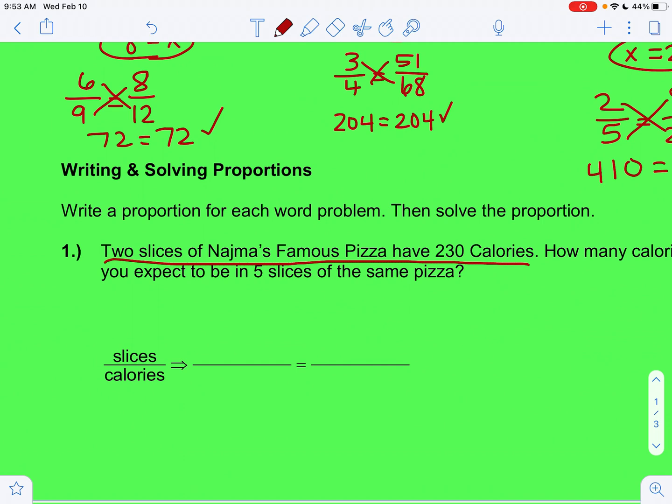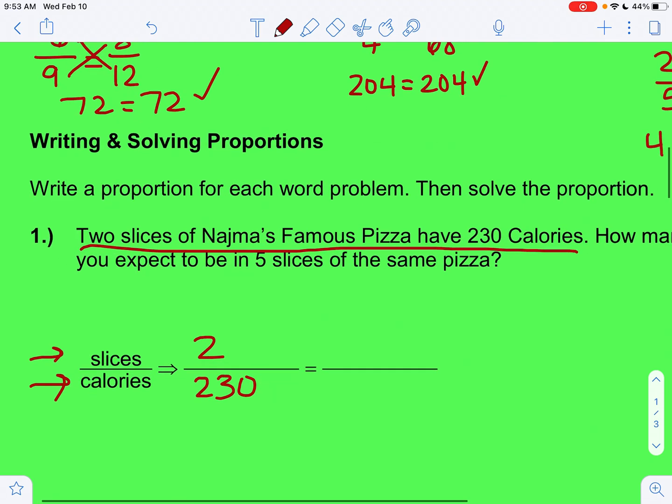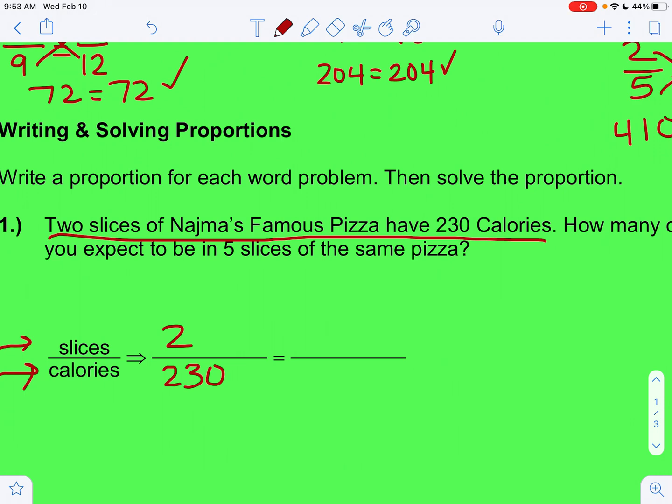Well, we are going to set up our proportions with slices being on the top and calories being on the bottom. So that first sentence, how many slices did they talk about? Right, they talked about 2. And how many calories did those 2 slices have? Right, 230. So 2 over 230 is our first ratio.